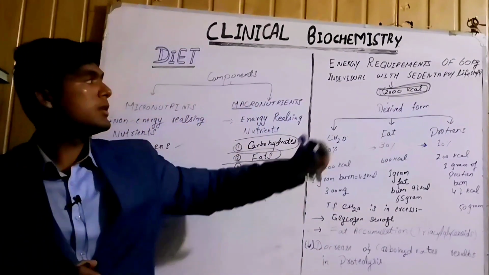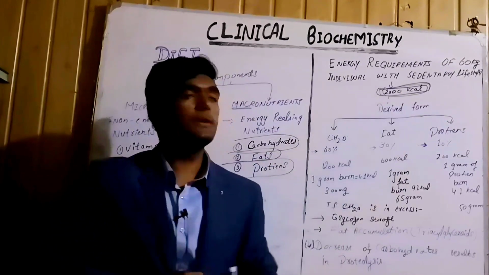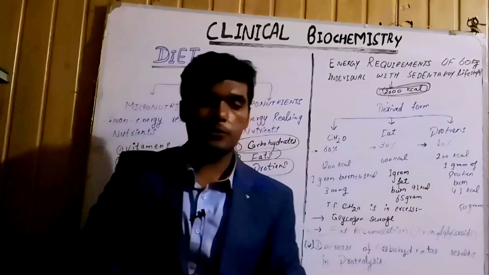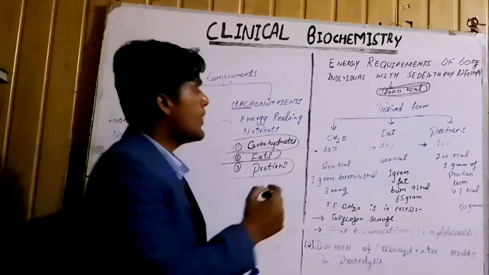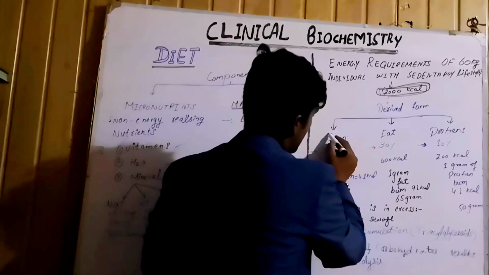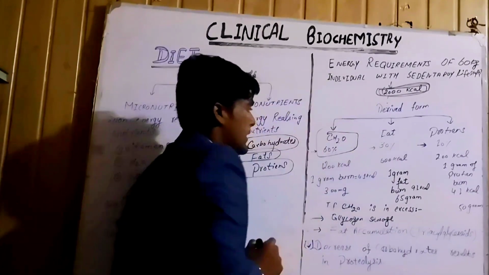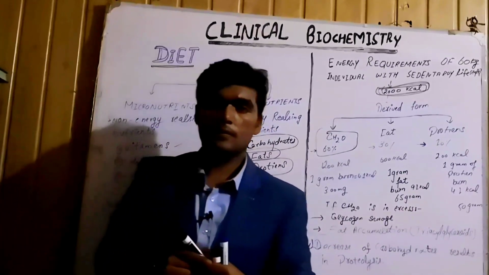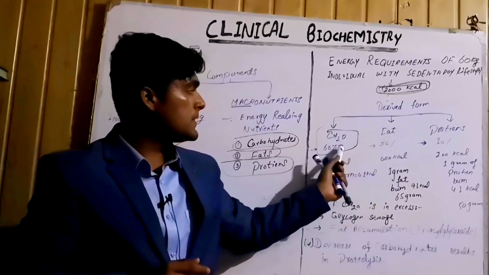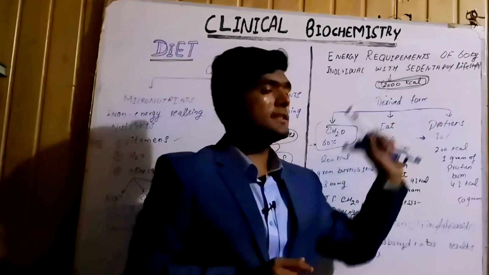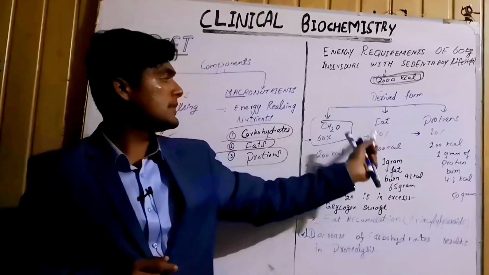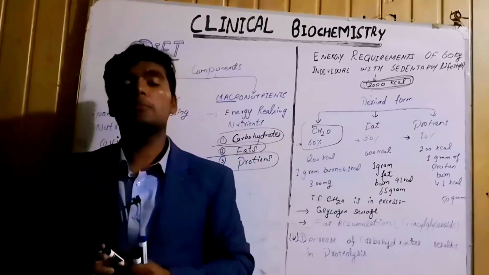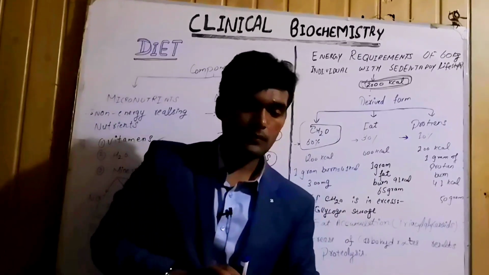I am going to talk about this 2000 kilocalorie energy by percentage of the macronutrients. In the daily energy requirement, 60% is coming from carbohydrates. In the same way, 30% is coming from fats, and 10% is coming from proteins.